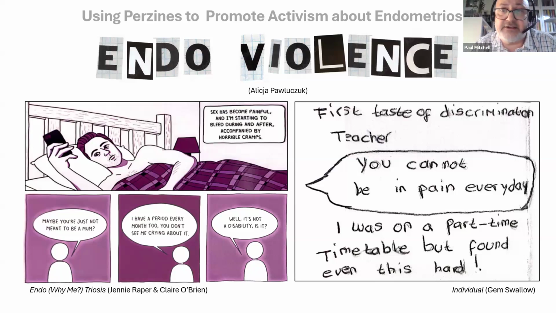As one woman says to her, "I have a period every month too. You don't see me crying about it." Similarly, Jem's perzine individual illustrates how this lack of empathy can lead to discrimination at work or at school when employers and teachers don't recognize the debilitating nature of a disease that can't be seen on the outside of the body.